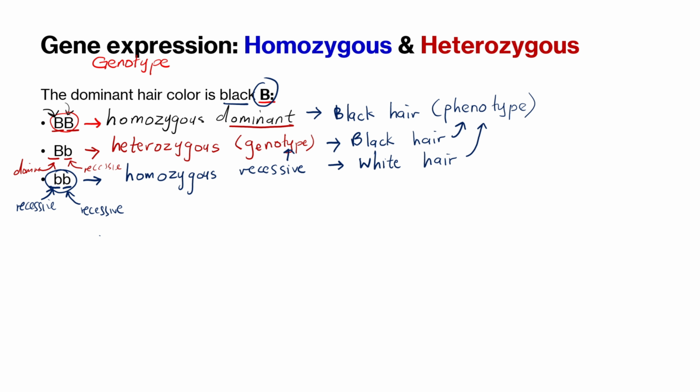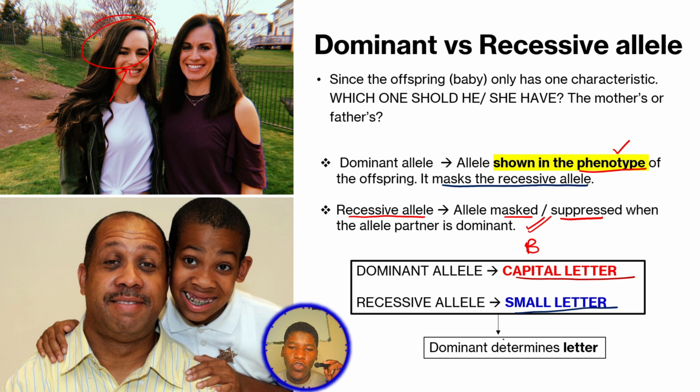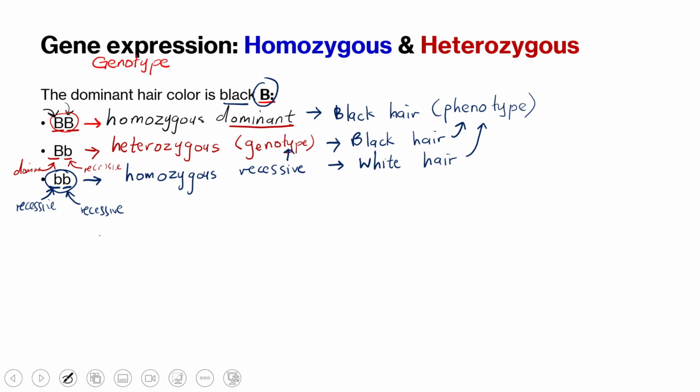So in a sense here, we have said that the dominant allele determines the type of letter that you are going to use. Since we have said that the dominant is black hair color, the recessive must be small letter b for white hair color. Okay, so black and white is the perfect example of opposite colors.